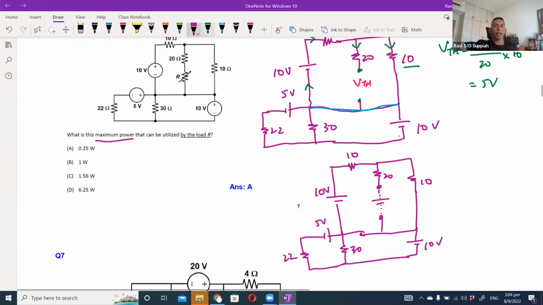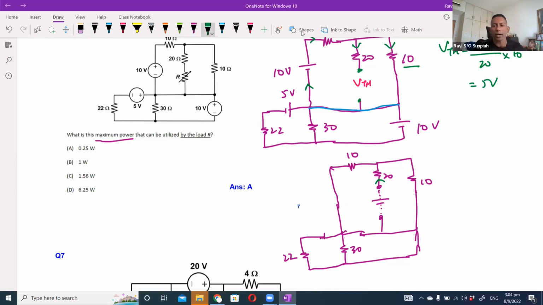Now when I analyze how the current is going to flow, it's going to come out here and go to the 20 ohm resistor. Sorry, I forgot to short circuit this. So this is now replaced with a short circuit. This is a short circuit. This is a short circuit.